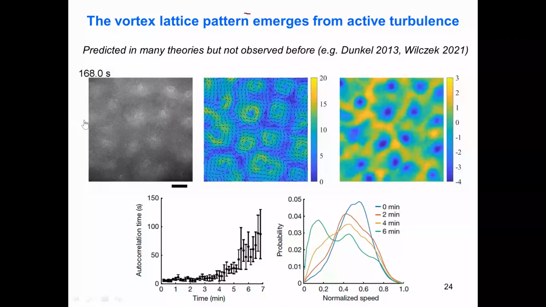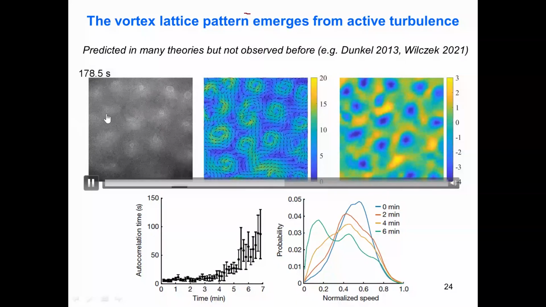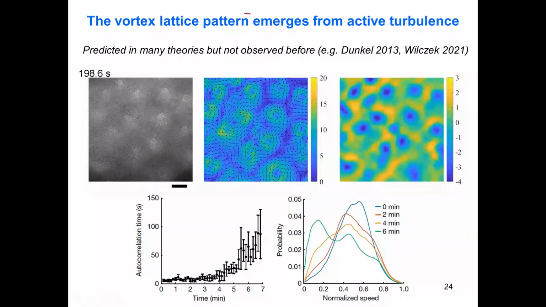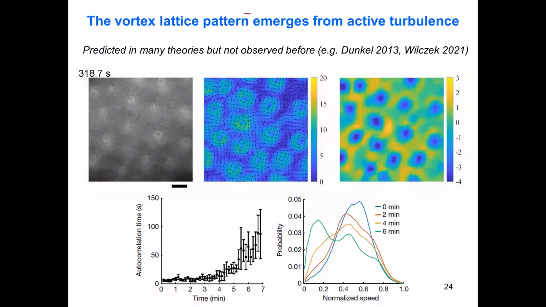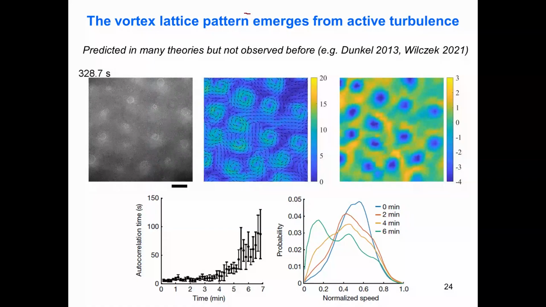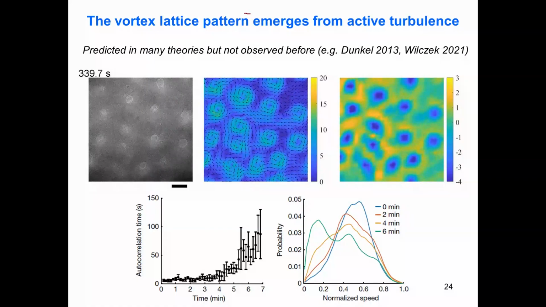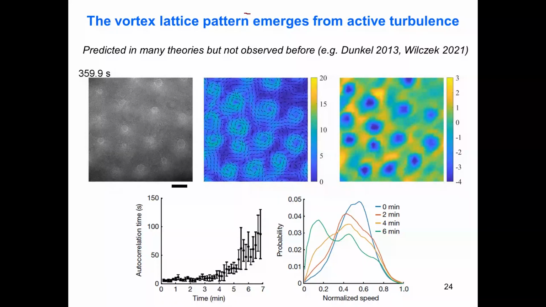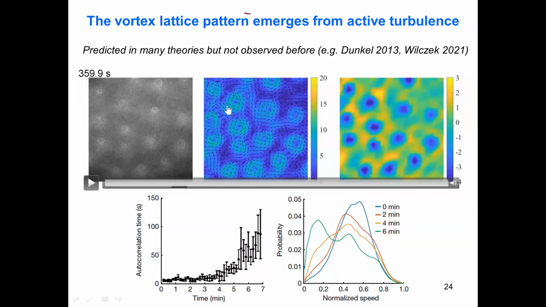Initially, we see many transient vortices emerging in the field of view, and over time, these transient randomly located vortices would move and interact with each other and coarsen, and eventually, these vortices are stabilized.